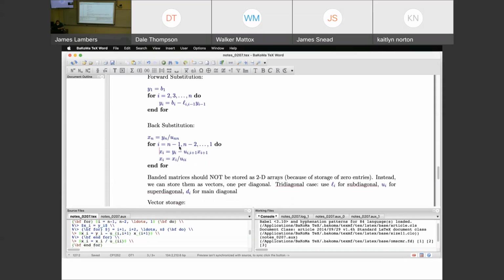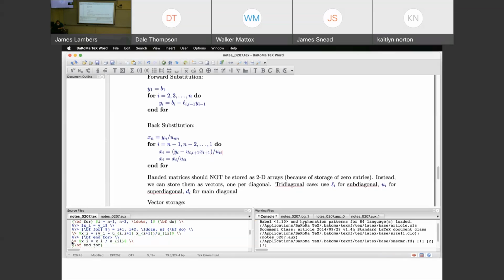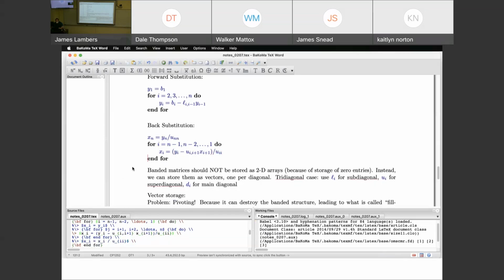And actually, what I might as well do is just think of it as one line. So this whole expression divided by u_ii, no inner loop is going to be done anymore. So just like in forward substitution, there's just one line. And we see that all three algorithms only need one loop.